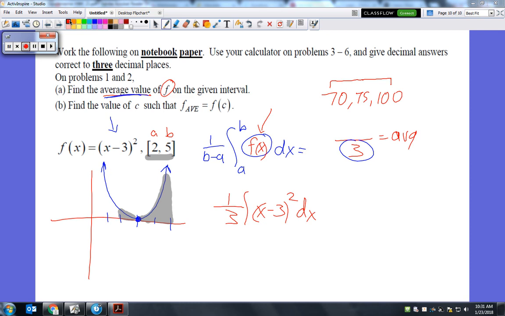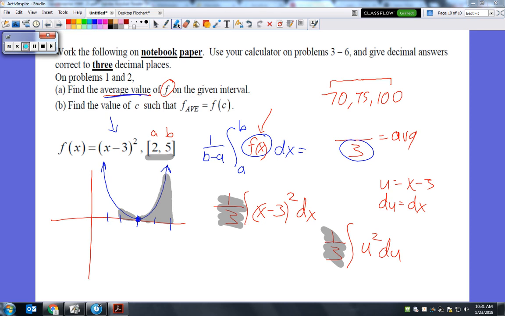You with me? Okay, so now let's integrate x minus 3 squared. We can do u sub. We could say u is x minus 3, du is dx. So the substitution is going to be u squared du, and it's going to be this 1/3 that was the original constant multiple rule.